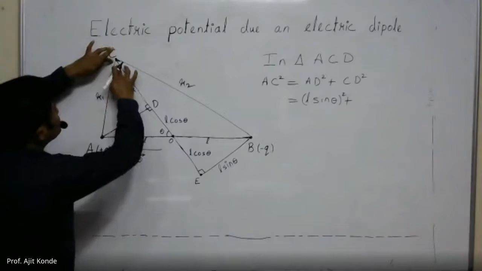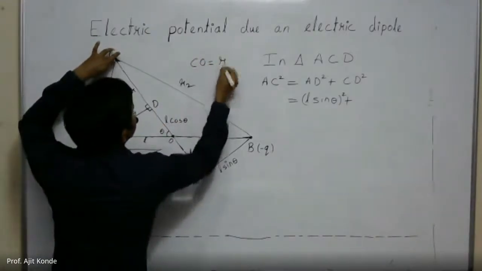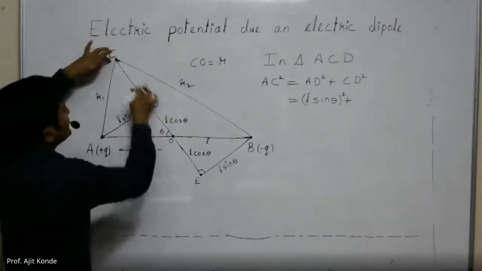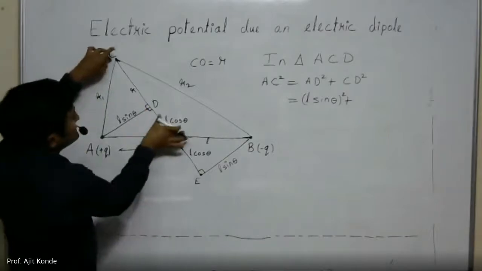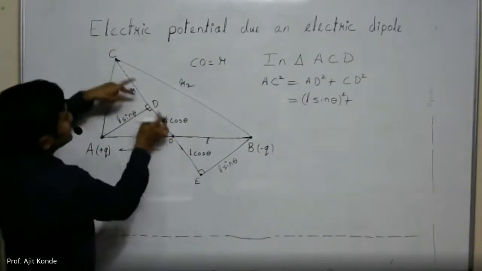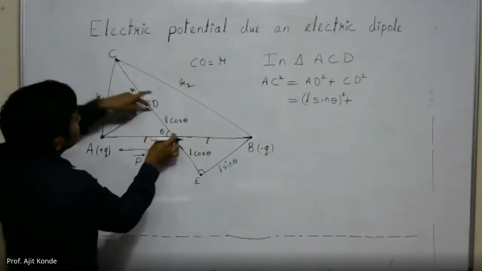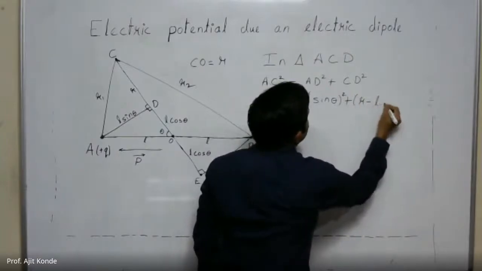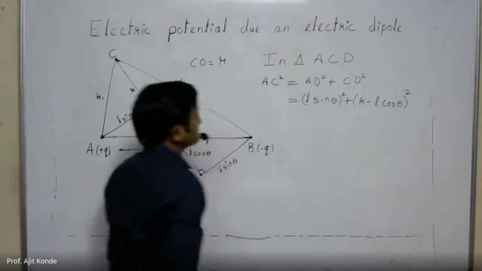This whole distance CO. CO is R. Then what will be CD? CD will be R minus L cos theta, square of it.